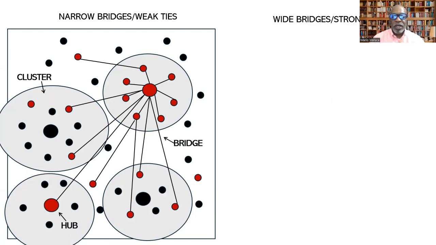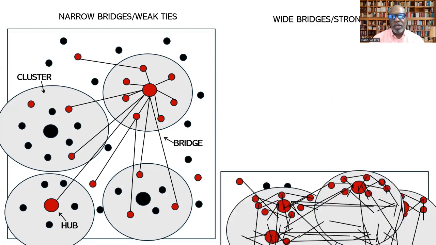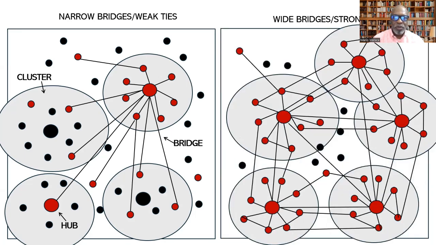You have clusters, bridges, and hubs, as we discussed in the presentation. But when we think of wide bridges and strong ties, you see that there are overlapping connections within the model. There are a lot of different bridges that connect people. And you can see most of the dots are red, meaning there is a connection from one person to the next or multiple people, which allows for the redundancy of information that's being shared.